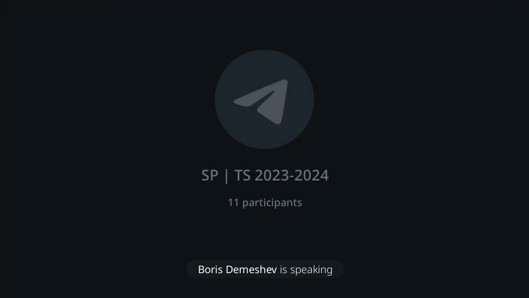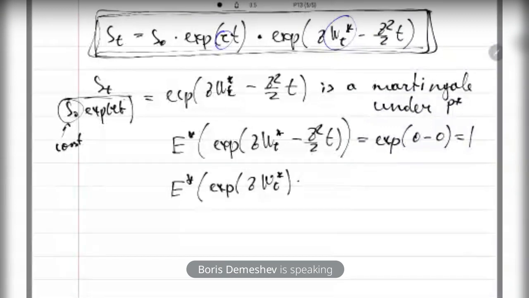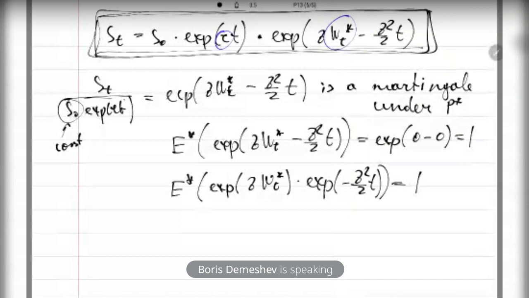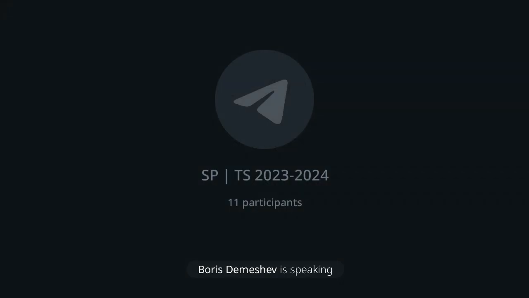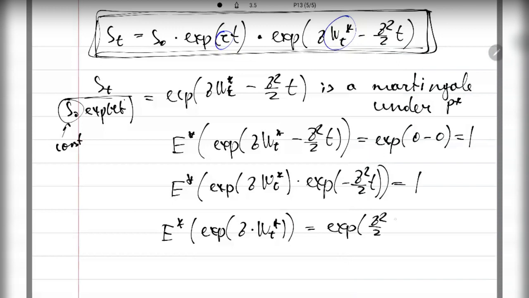That means that the expected value of exponent of sigma WT star multiplied by exponent minus sigma squared over 2 times T is equal to 1. Hence, the expected value of exponent of sigma WT star is just exponent of sigma squared over 2 times T.